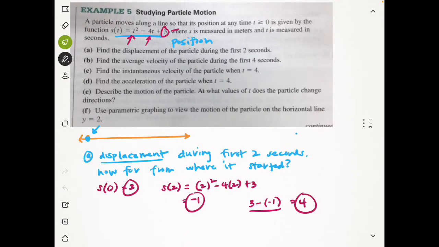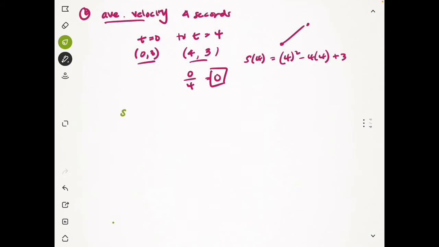Part C says find the instantaneous velocity of the particle when t equals 4. Okay, so instantaneous velocity. s of t equals t squared minus 4t plus 3. Remember, if we're talking about instantaneous, that means now we're going to do the derivative.